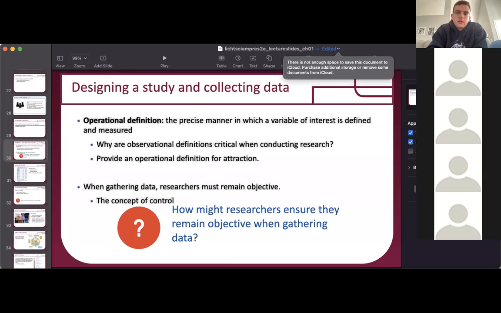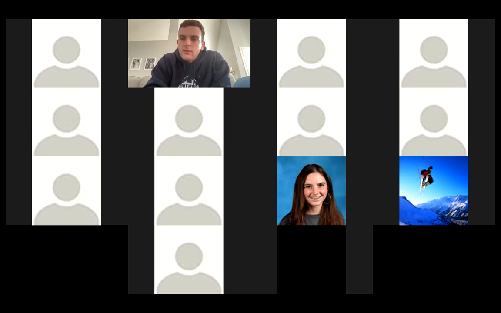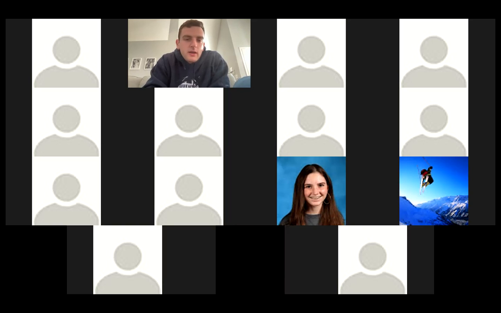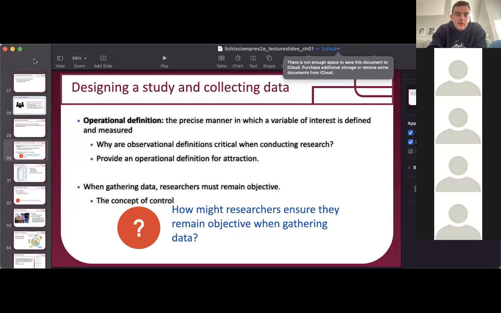If we are studying something like attraction, we need to define exactly what we mean by attraction, because that in different contexts can mean different things. We could be talking about physical attraction, or smell attraction. If we're testing a perfume that we want to sell on the market, that's a type of attraction. If we're talking about magnetic attraction, that's relevant if we're studying magnets. So you need to define that term just to make sure everybody's on the same page.